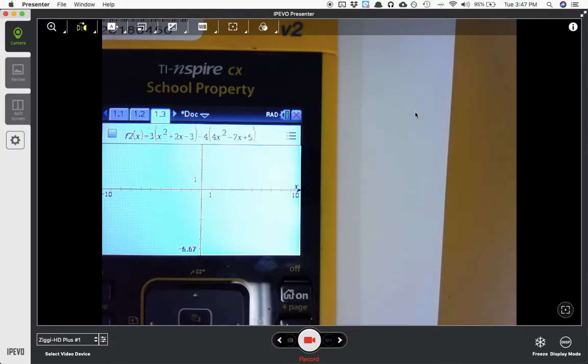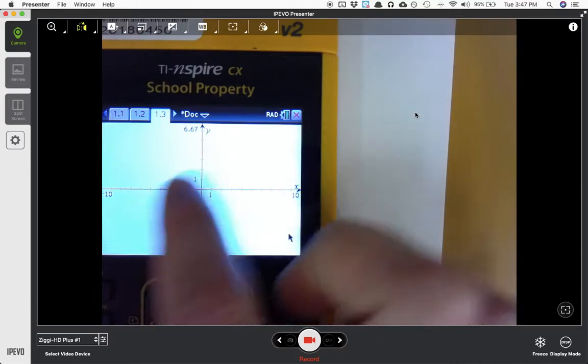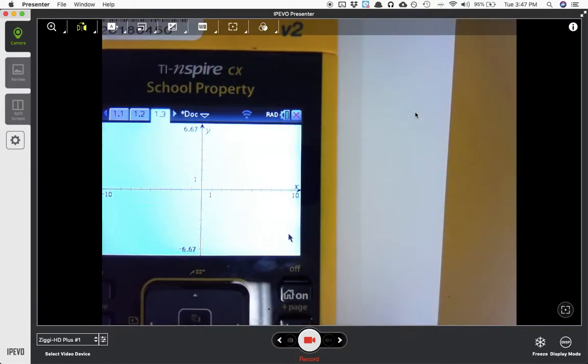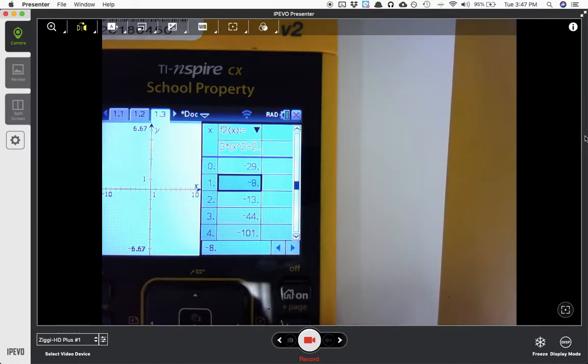So I can start by graphing that, and hopefully something shows up here. Unfortunately, it doesn't. That's okay, because I can always press Control T, get my table of values, and check each of these to see if they have a matching table of values.